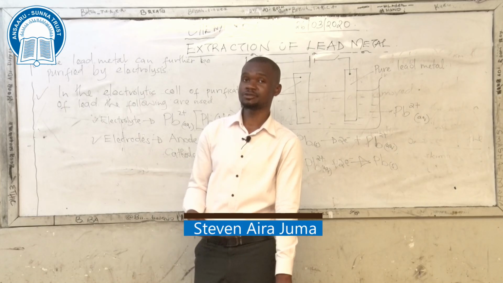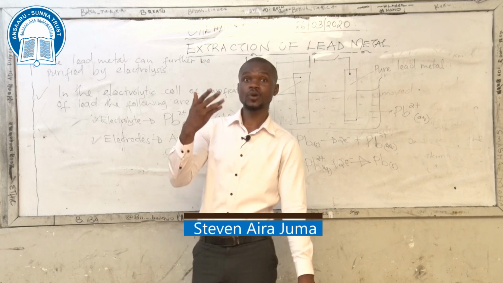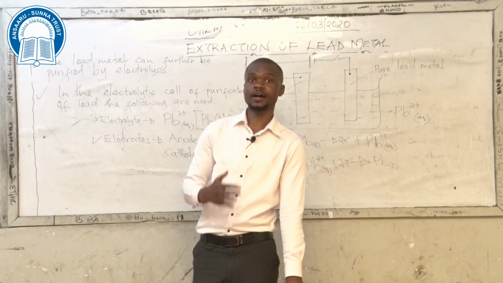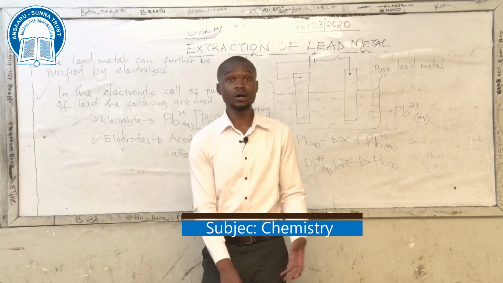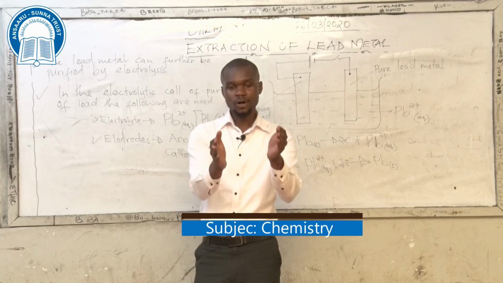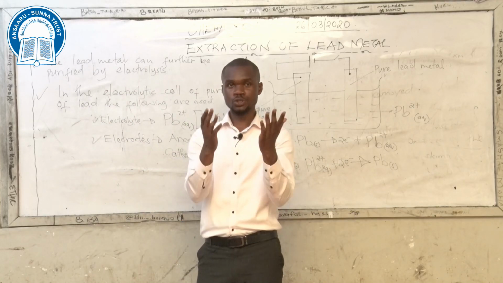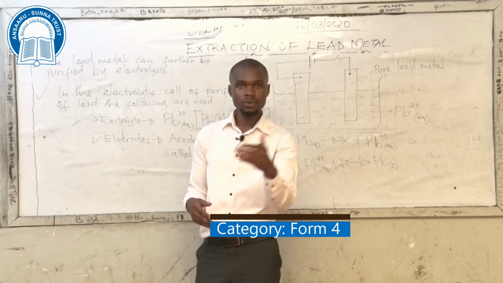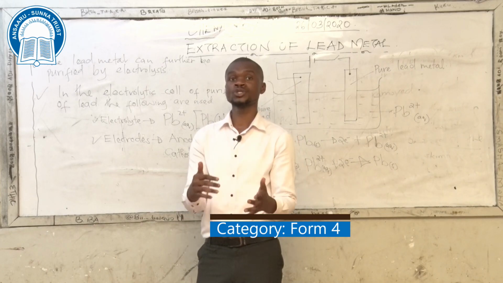After the ore is concentrated, the ore is taken to a roasting chamber. And in the roasting chamber, the lead 2 sulfide is converted to lead oxide. After the lead oxide is formed, the lead oxide is reduced to lead metal using 2 reducing agents: the coke, which is carbon, and the carbon monoxide that is formed when carbon dioxide is reduced by coke.